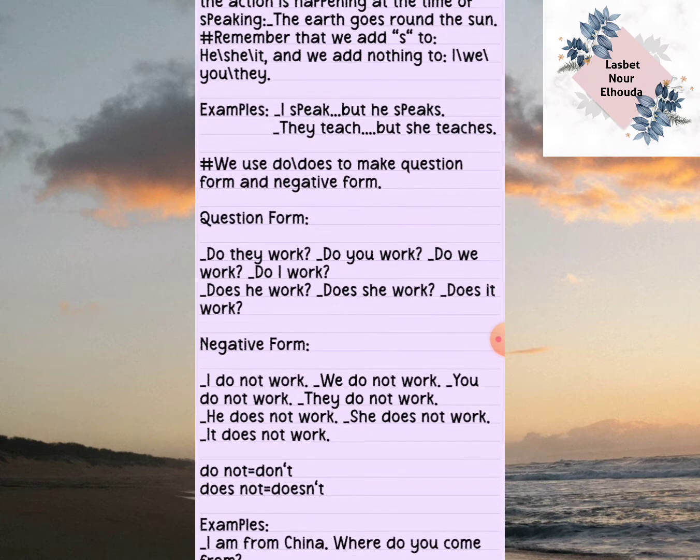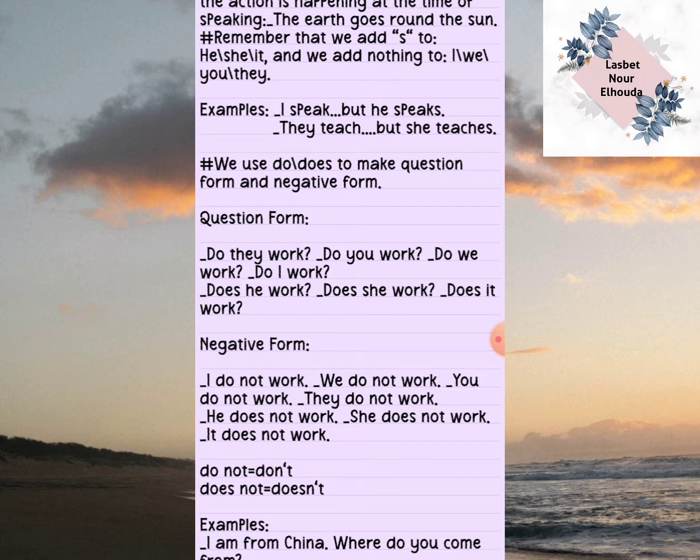We use do and does to make question form and negative form. In the question form, there are many examples to understand more. Do they work? We say do they work. We don't say does they work.